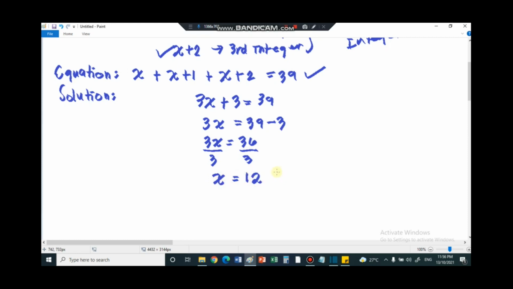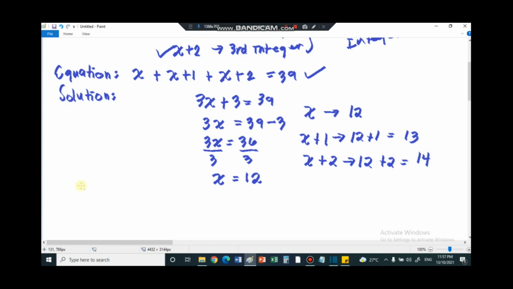So now going back to the representation, if you still remember, x is our first term, so that is 12. And you will have x plus 1, our representation for the second, so that is 12 plus 1, we have 13, and x plus 2, that is 12 plus 2, we have 14.